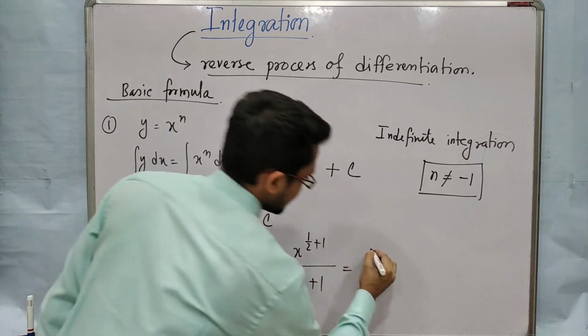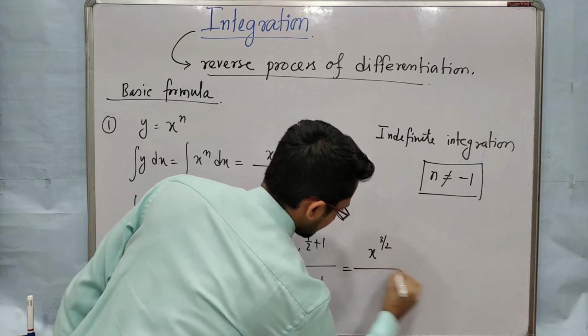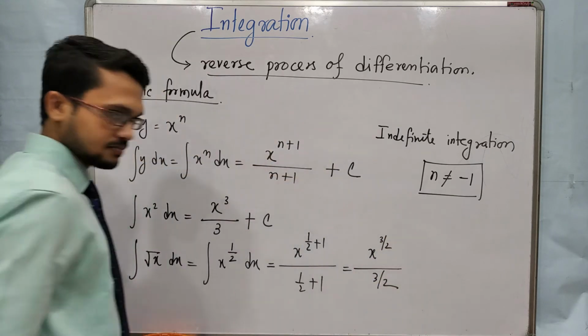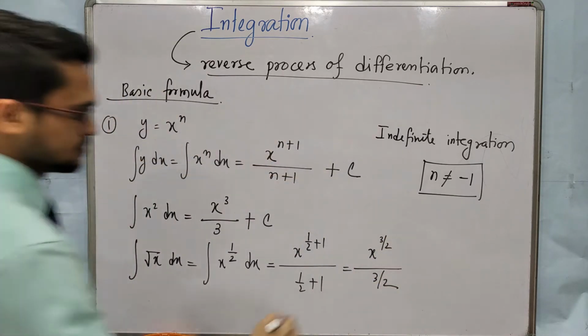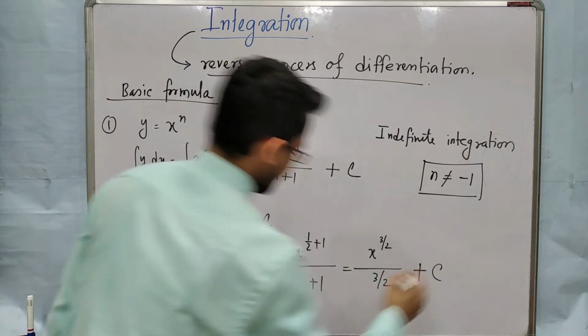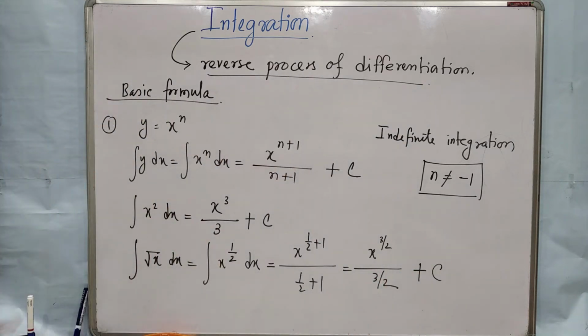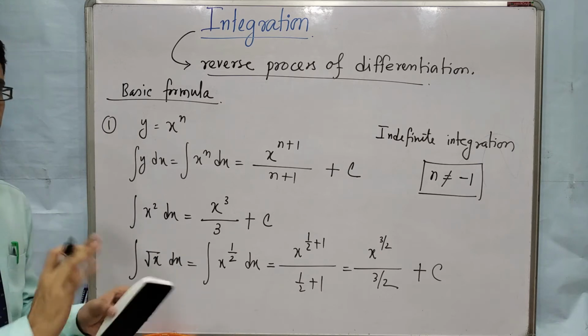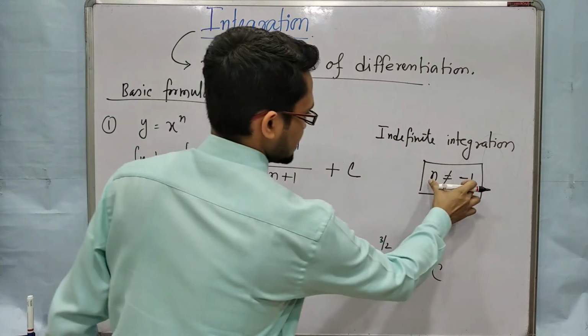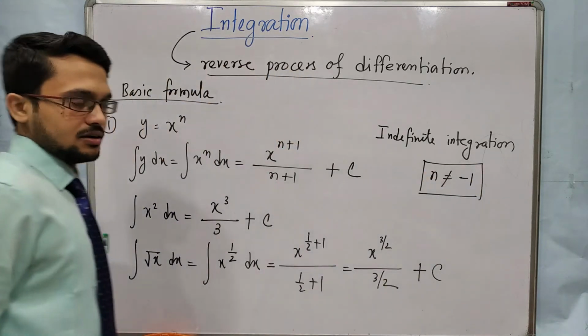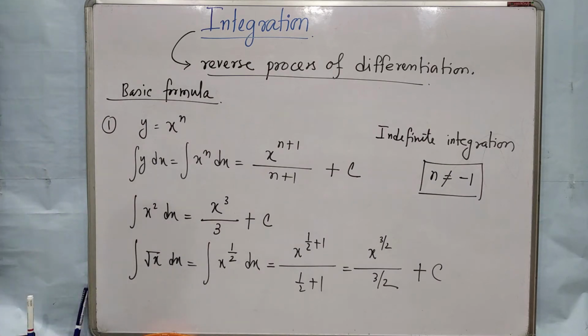Half plus 1 means 3 by 2, x to the power 3 by 2 by 3 by 2, plus c. So n may be any value, fraction, positive, negative, whatever, only n equal to minus 1 it cannot take.